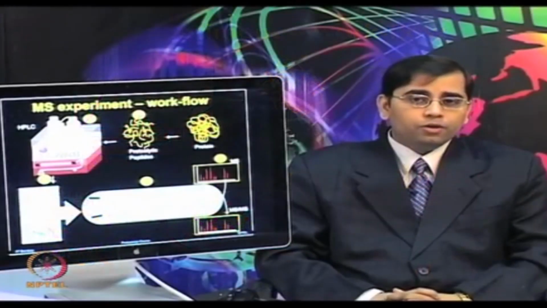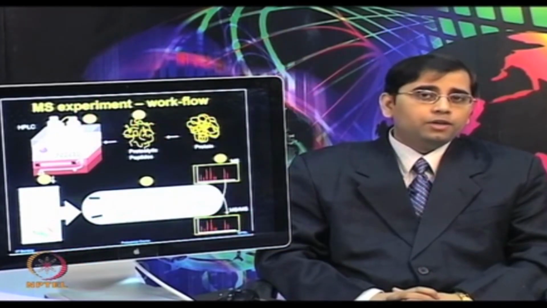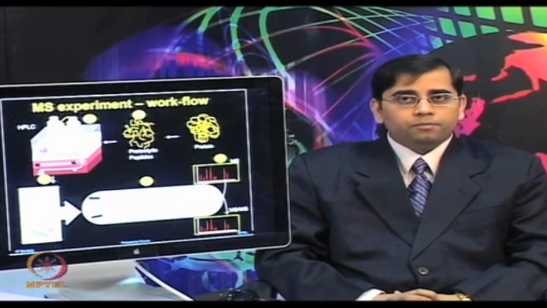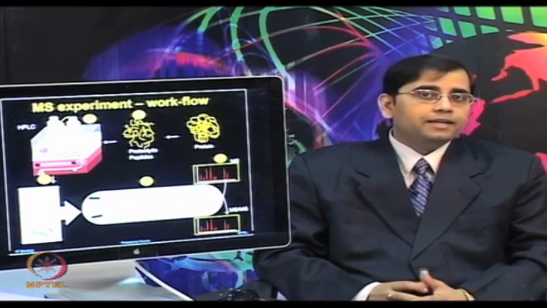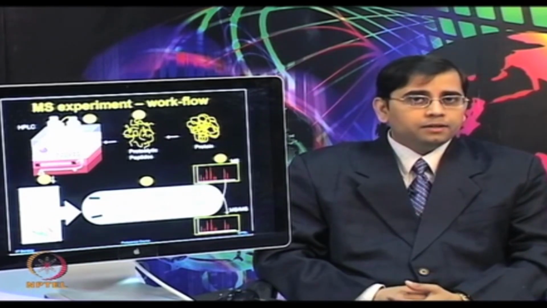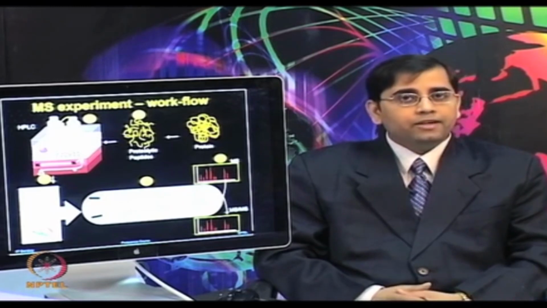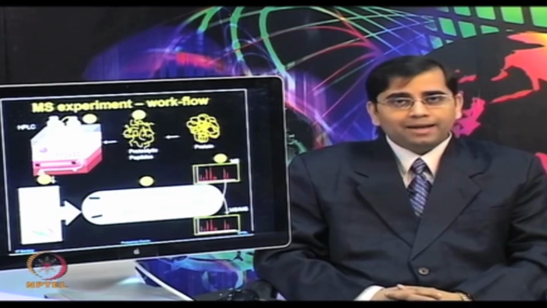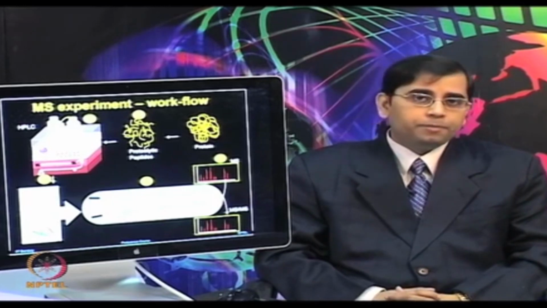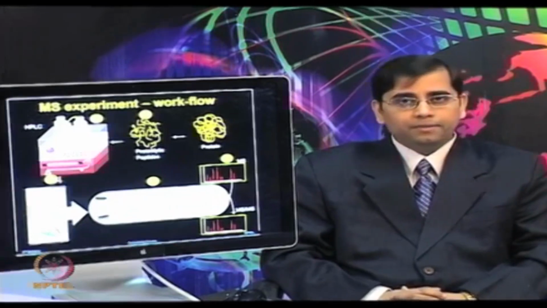So, in this workflow all these steps are equally important: starting from the first step, the tryptic digestion, second, pre-fractionation strategies using liquid chromatography, then ionization sources, mass analyzer and then spectrum generation, MS or MSMS.